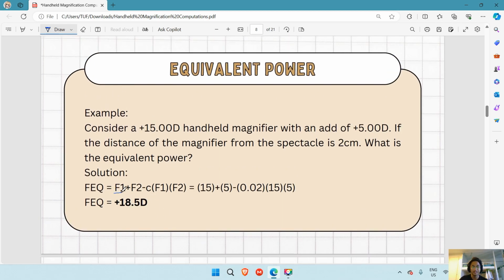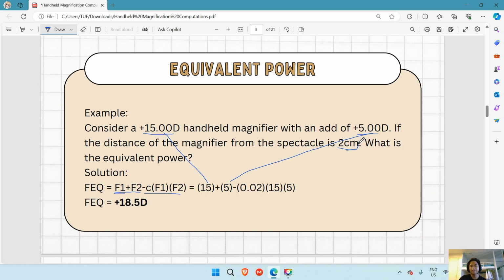First, we add, then minus the separation. Here, the power of the low vision aid is plus 15, so substitute. The add of the patient is plus 5, substitute. The distance of the magnifier from the spectacle is 2 cm.